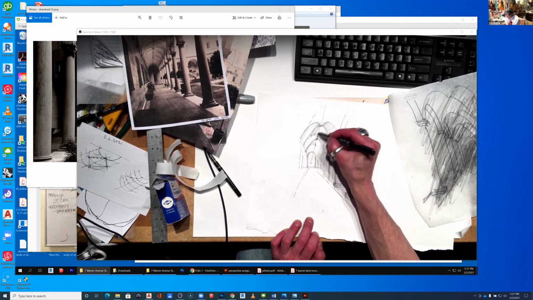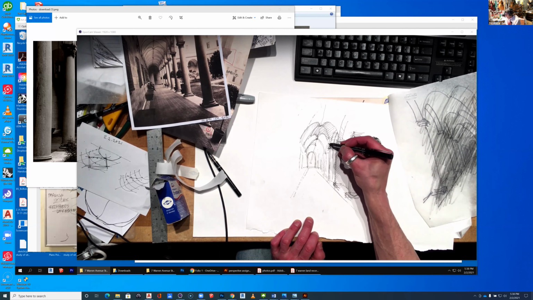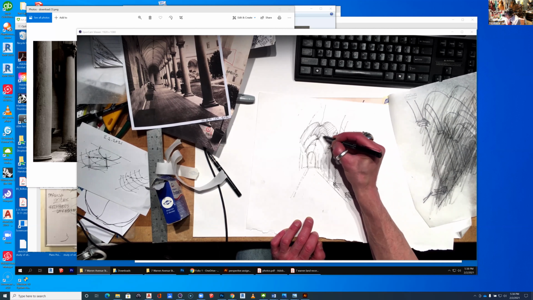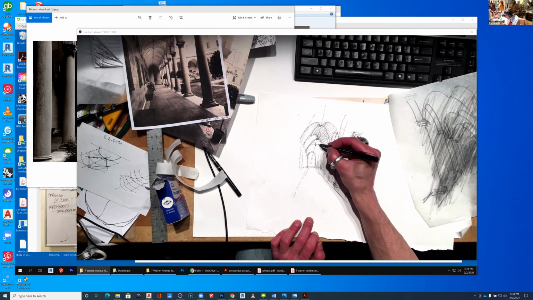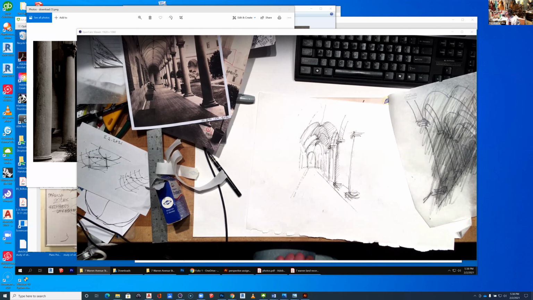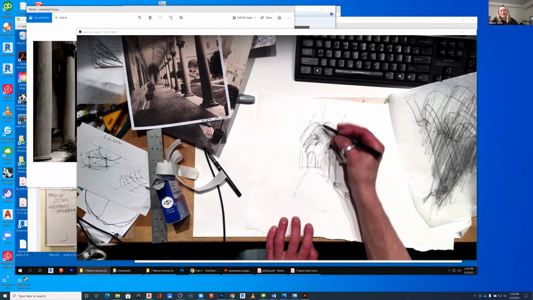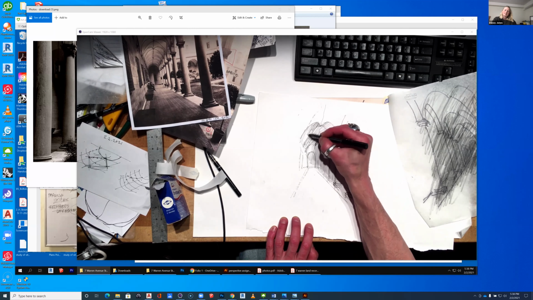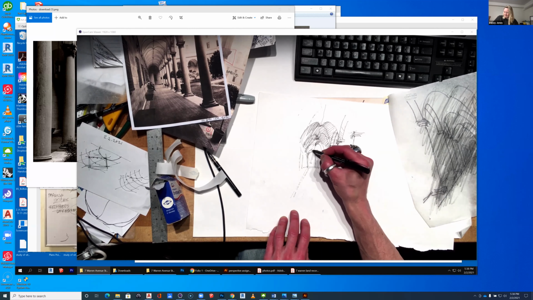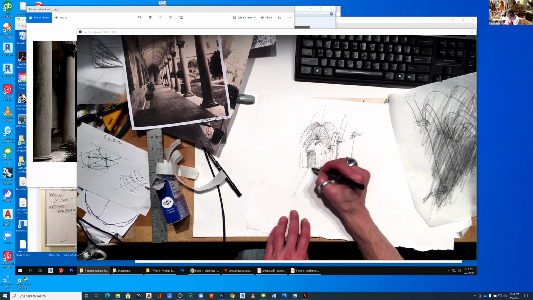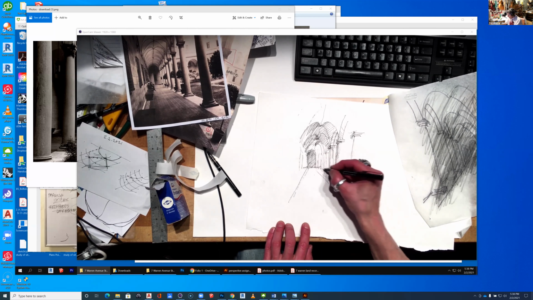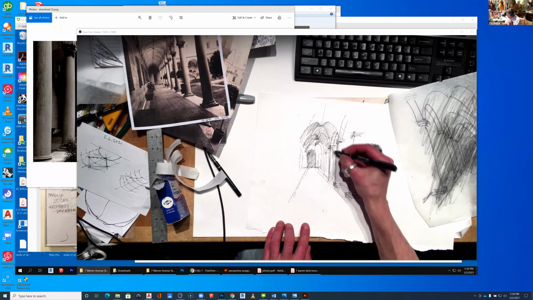So you may want to vary the tone in between these. Maybe get dark. Yeah. Maybe get darker as you get to the back. And then the very back of this, maybe the darkest part.